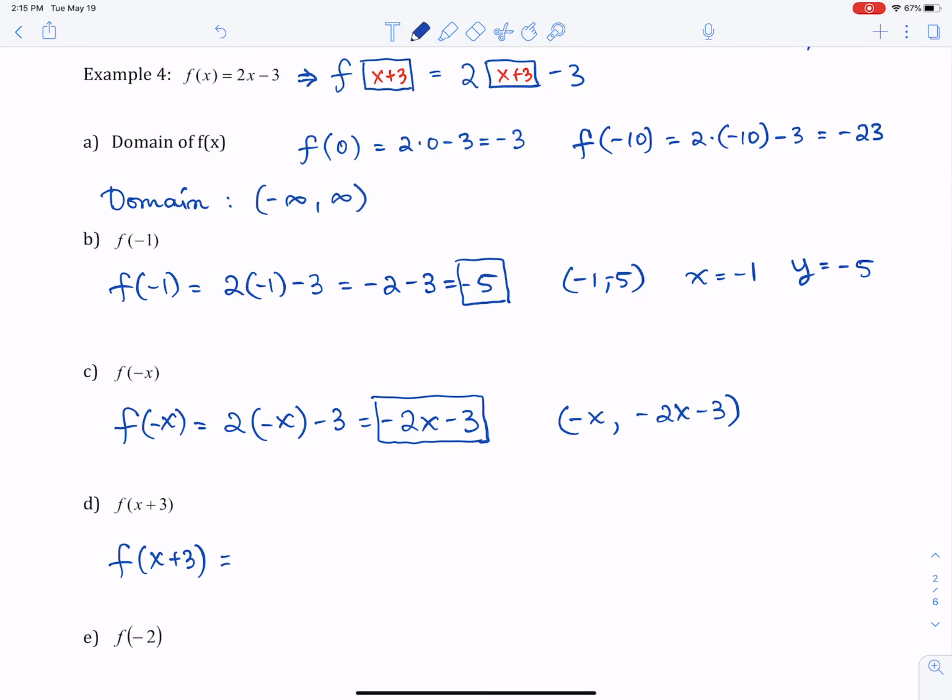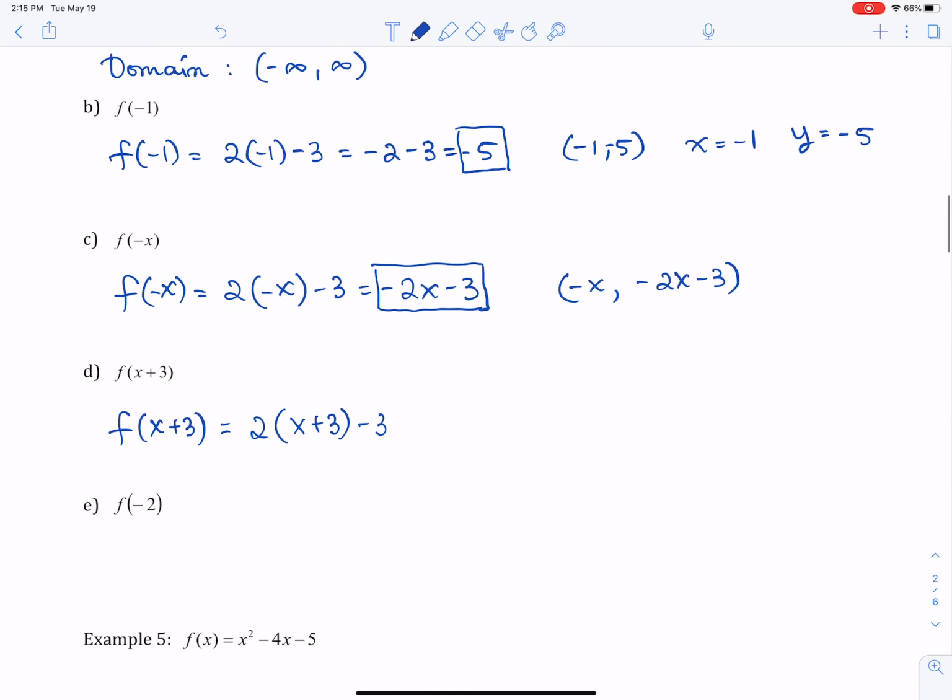So f of x plus 3 is going to be twice x plus 3 minus 3. We can use the distributive property to simplify here. This is 2x plus 6 minus 3, or finally 2x plus 3. And this is the resulting value. That's how much y is when x is equal to x plus 3.